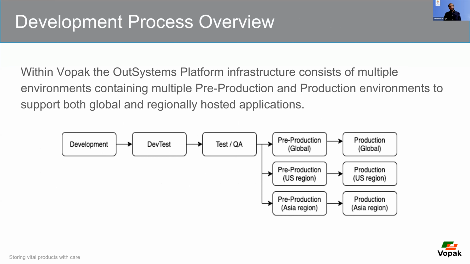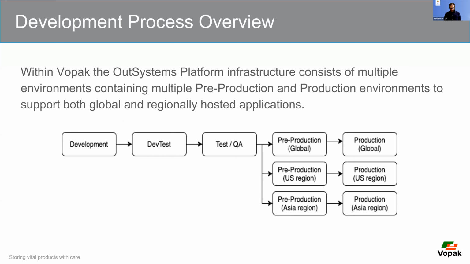If we look at the development process overview, we have development, dev, and test, which are all single environments. And we have multiple pre-production and production environments, one or more environments per region.